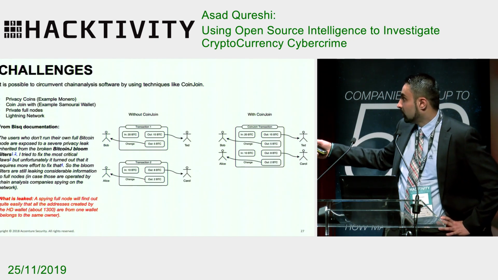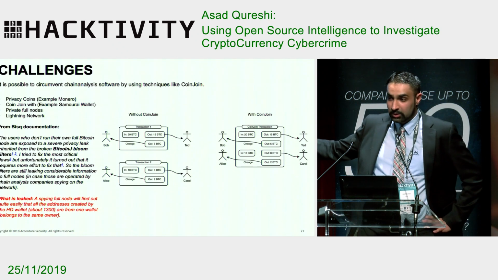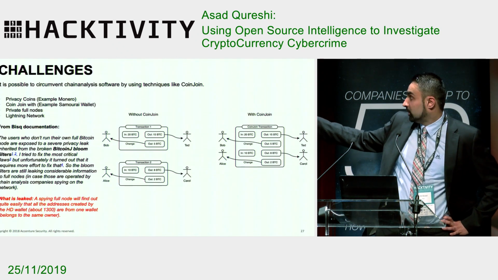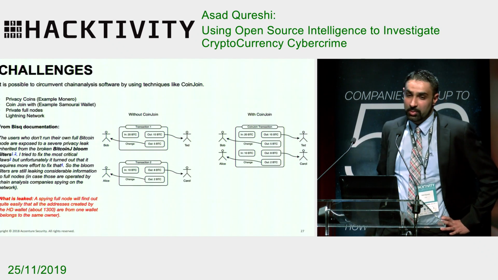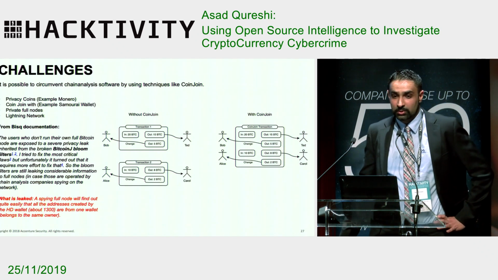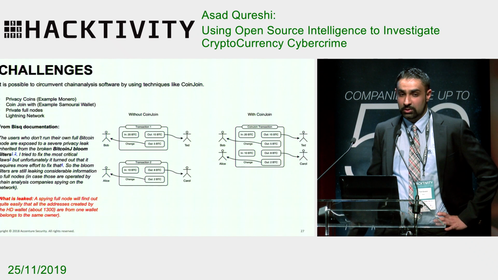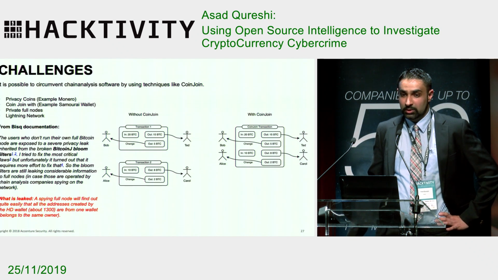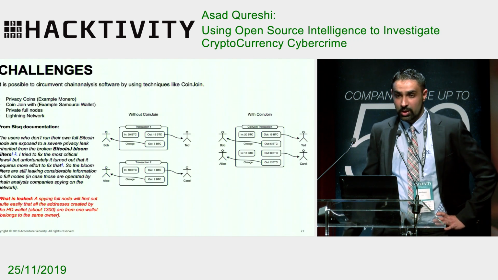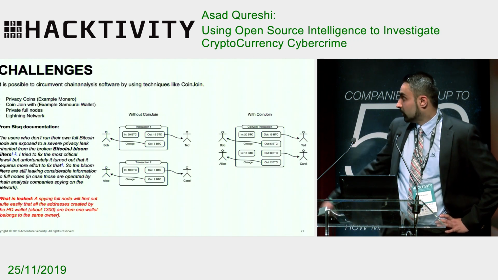That's the reason. The Samurai wallet is actually the one that implements CoinJoin in a way that makes tracing the origin of the transaction very hard on the Bitcoin network.